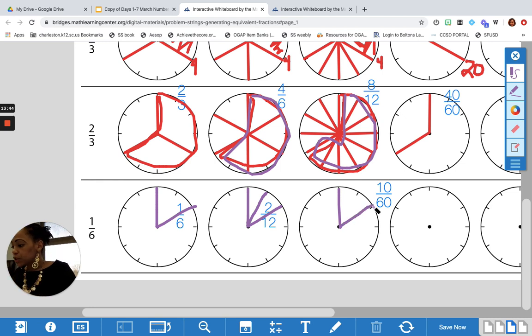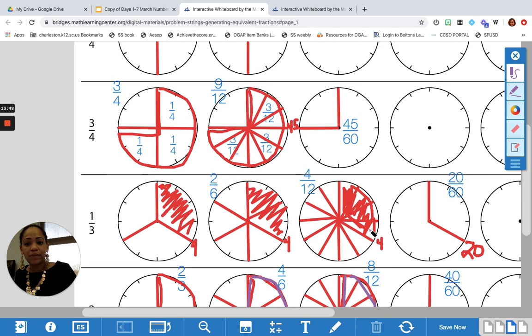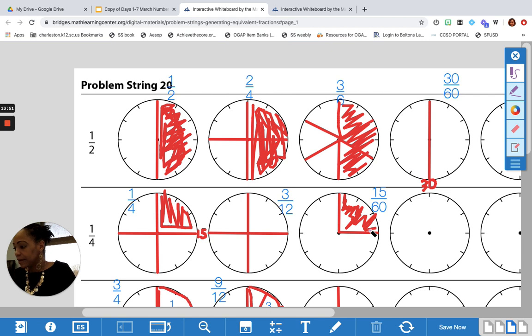All right, so we're talking about equivalent fractions. Let's look back at what we found for 1/2 today. It looks like we already have them in order from the fewest number of parts to the most parts. And hopefully you notice that the numerator is half of the denominator. Anything that's equivalent to half, the numerator is half the denominator.